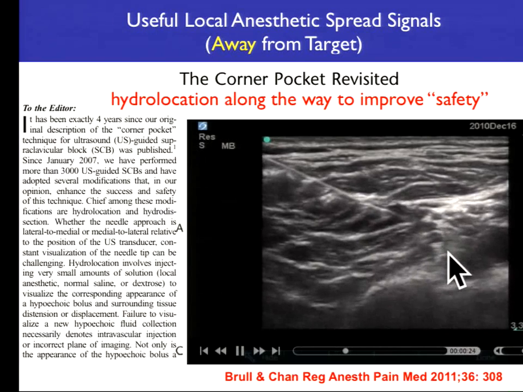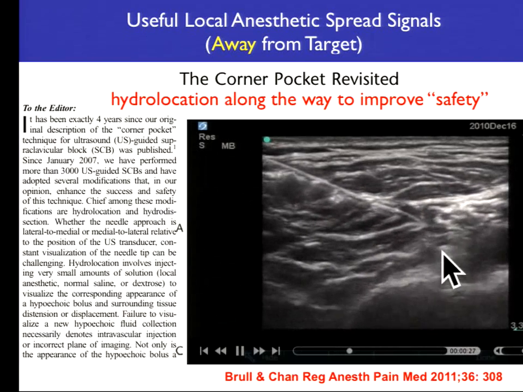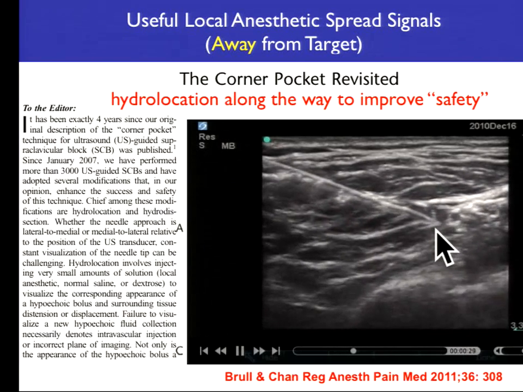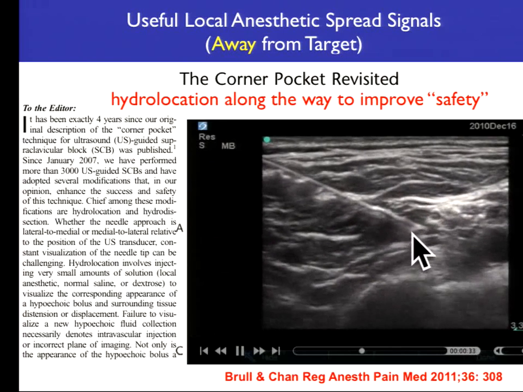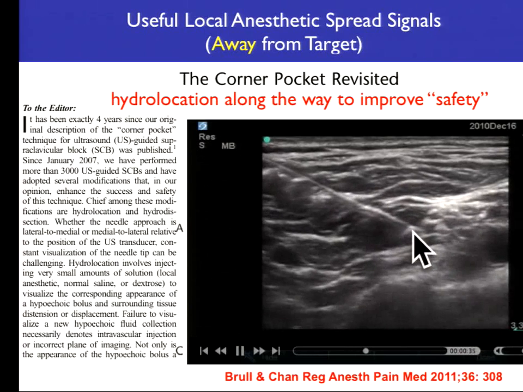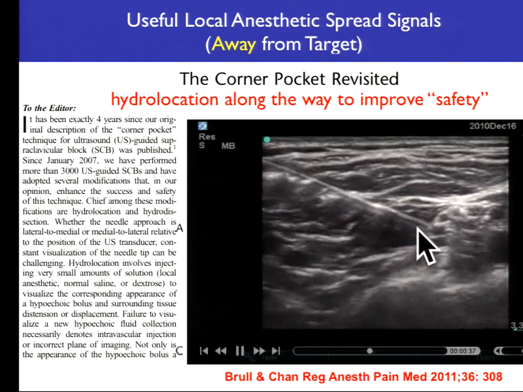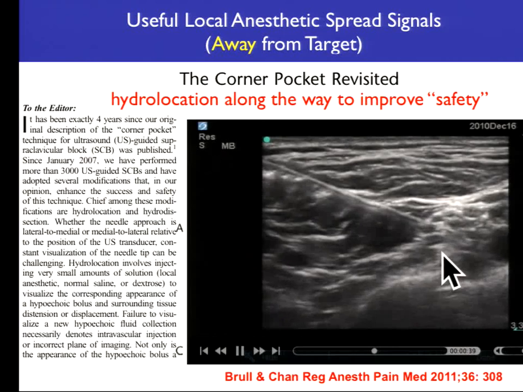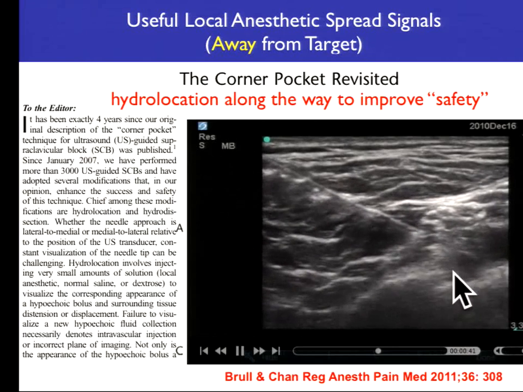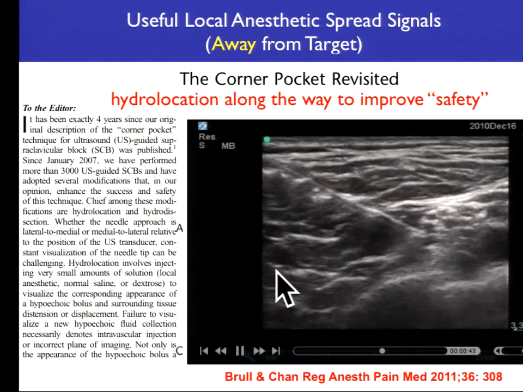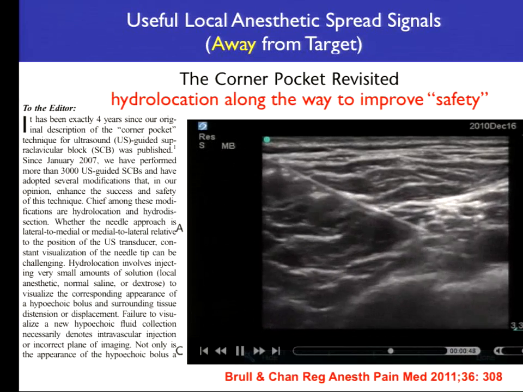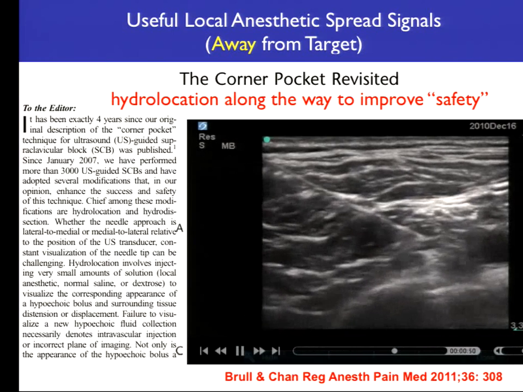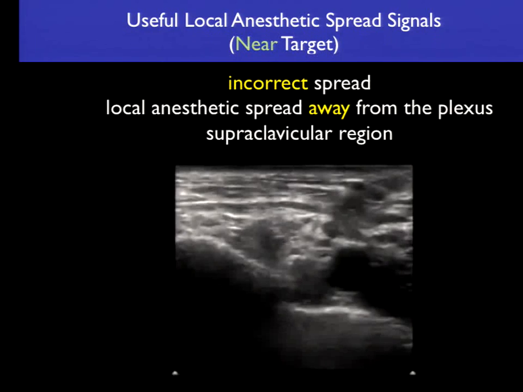Instead of going right to the inferior trunk, now I go a little bit high up, maybe the middle trunk, open up the space. Once I open up the space, I now have created a pocket of fluid. Now I would change the needle direction and now slowly dissect, and then go down to the inferior trunk. Intuitively, it makes sense to me. I don't want to stick the needle into the endpoint, the inferior trunk, then inject. So I like to use the hydrodissection method.